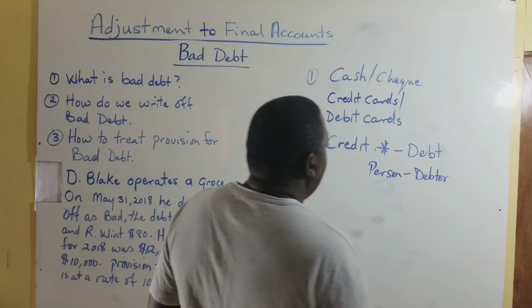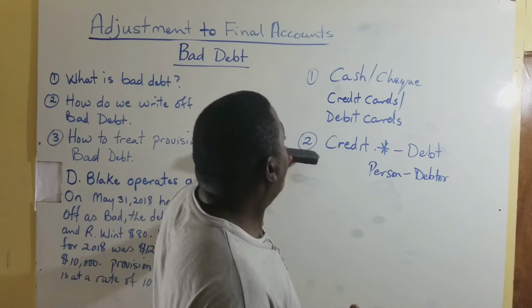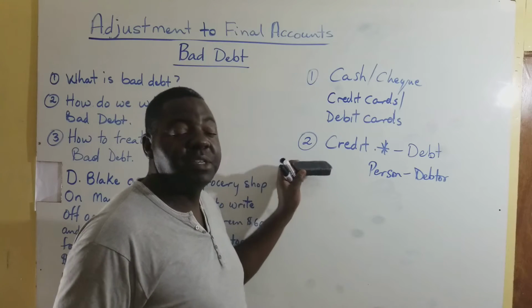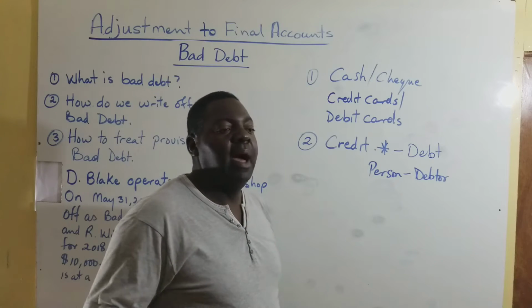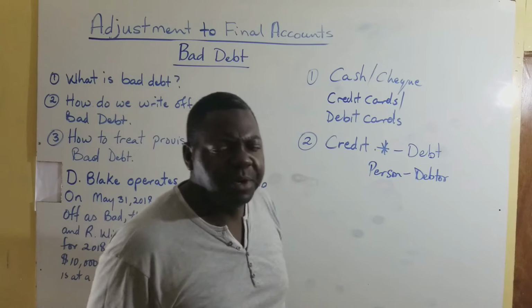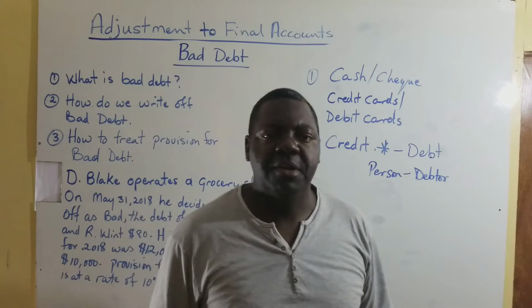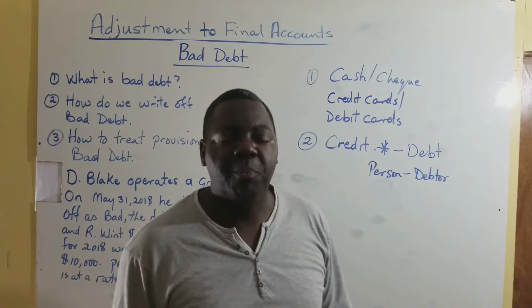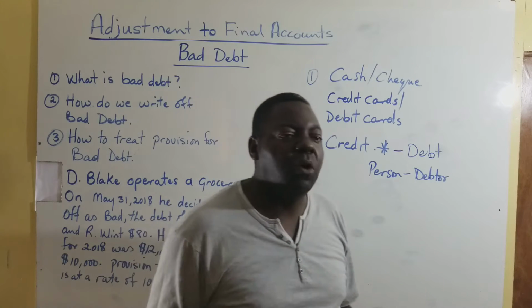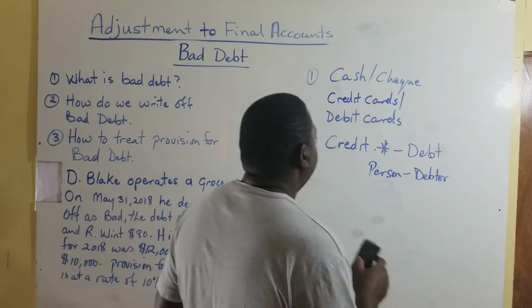So, arising from this method of conducting transactions, we incur debt. And some persons do not honor their debt. In other words, they don't pay up. It becomes difficult to obtain payment from them.